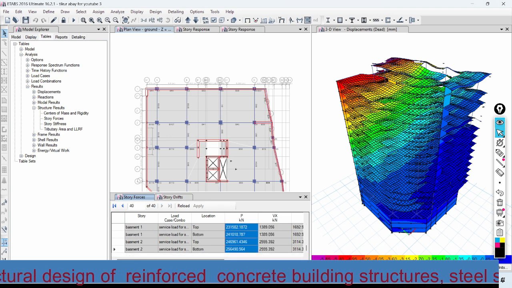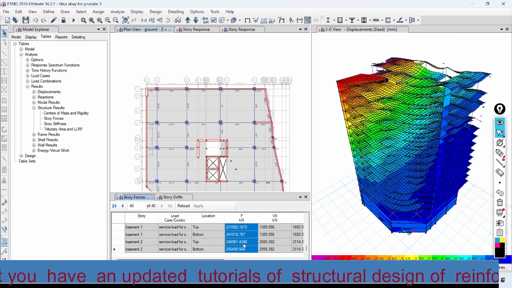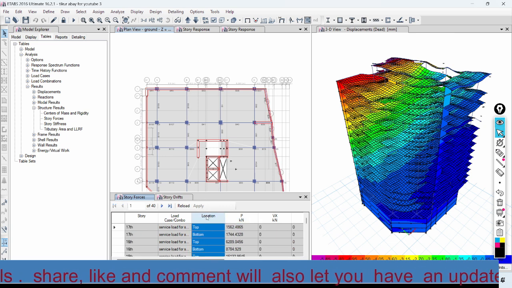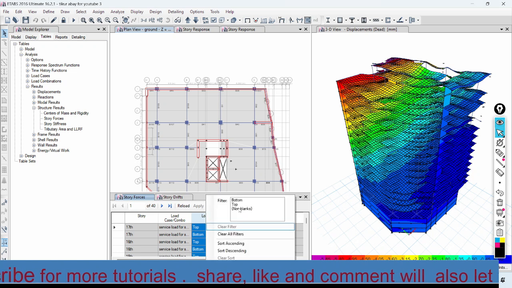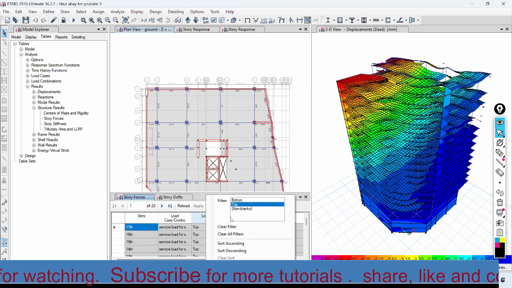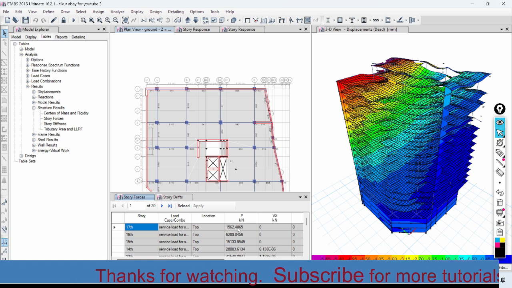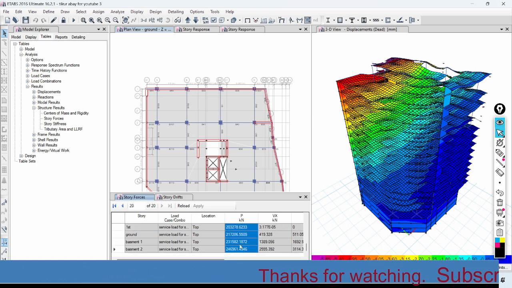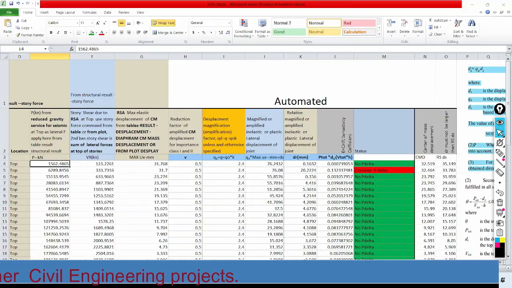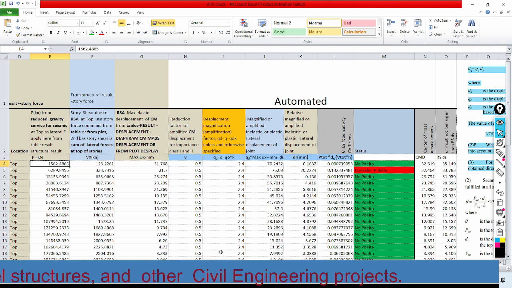Just copy this value. So we can check. Sorry, we need to select at the top. So copy this value. That means the vertical gravity force. So go to Excel.